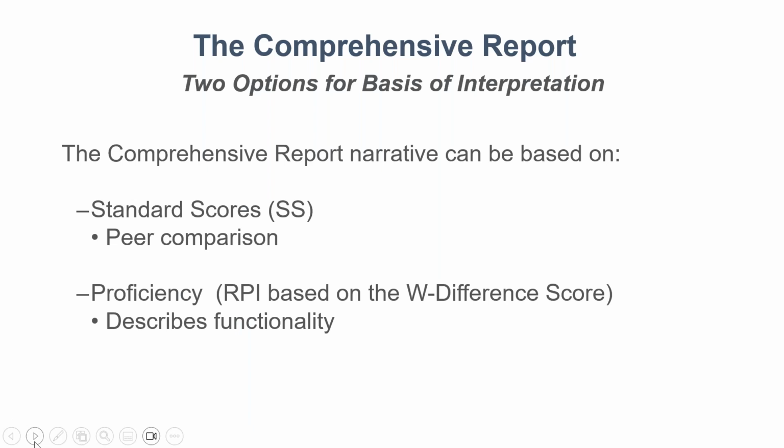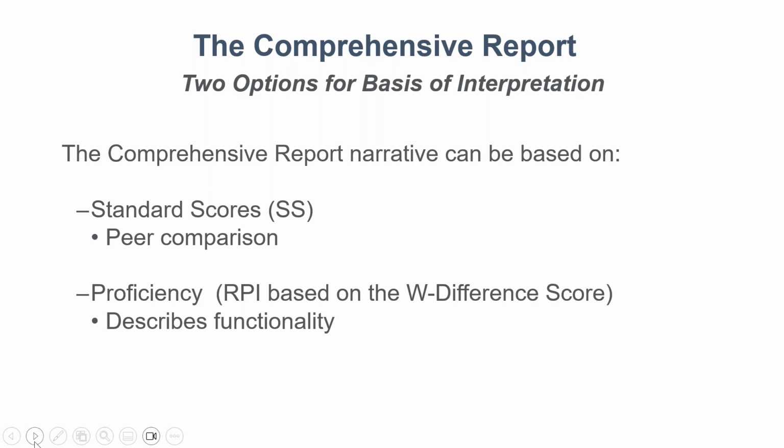So there's two options that can be used for the basis of interpretation. So you as the evaluator will pick and choose which option you want to use for the interpretation. It can be based on standard scores, comparing that student's performance to the peer, their same aged or grade level norms.